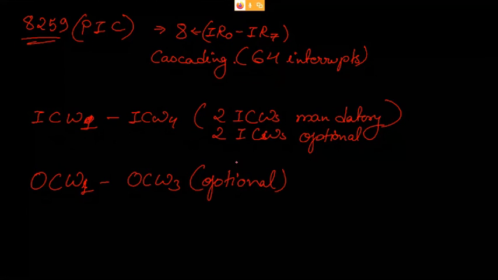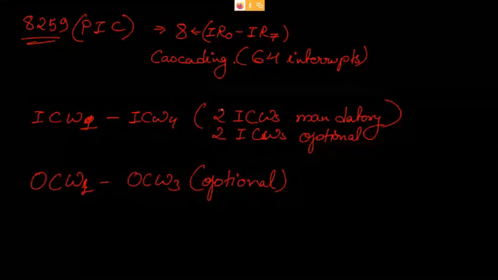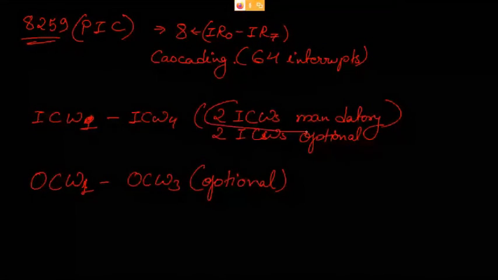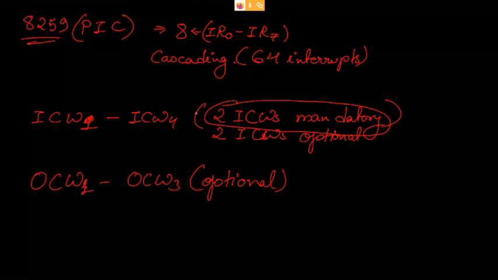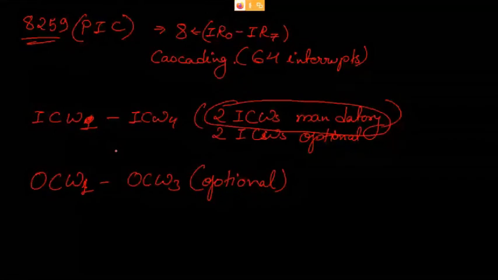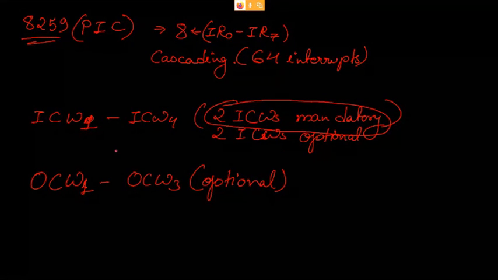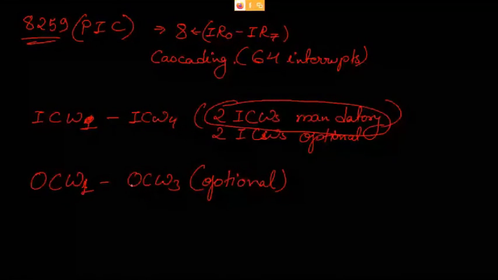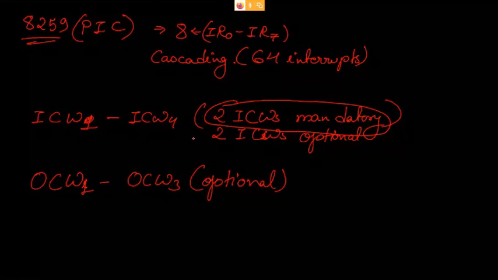To make 8259 work, we have to configure at least 2 ICWs, ICW1 and ICW2. ICW3 and ICW4 are optional. They can be used if the user wants, and similarly, OCWs can be used if the user wants, or he can neglect them.